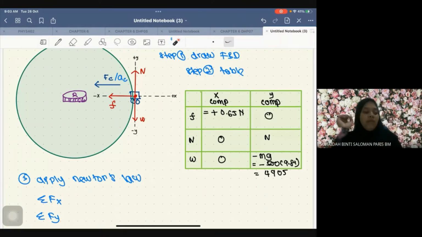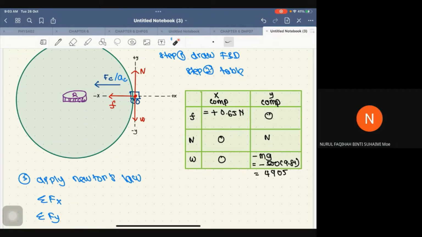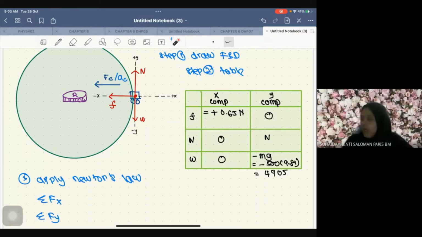So summation Fy nak apply first law ataupun second law class? First law. Iaitu summation Fy is equals to 0 because there is no motion on the y component. And then summation Fx, as I stated before, okay, the motions, the circle involved on the horizontal plane, okay, which is the x component.